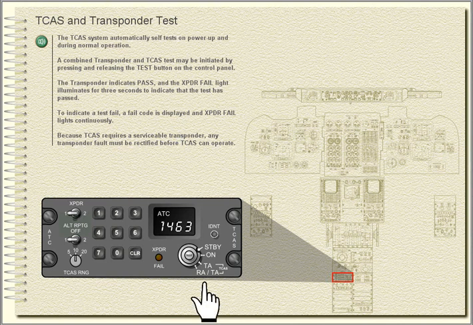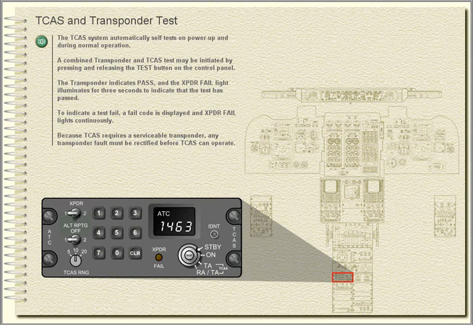TCAS and transponder test. The TCAS system automatically self-tests on power-up and during normal operation. A combined transponder and TCAS test may be initiated by pressing and releasing the test button on the control panel.